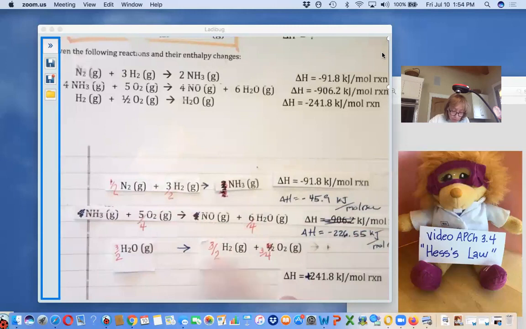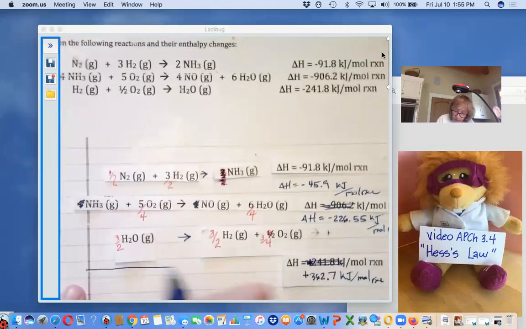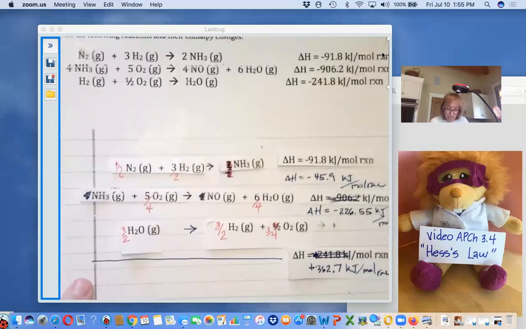Okay, I multiplied everybody here by 3/2, so I have to multiply delta H by 3/2, and that would be a positive 362.7 kilojoules per mole reaction. All right, now let's add up all the ugliness here. Okay, I'm going to write down all of my reactants.